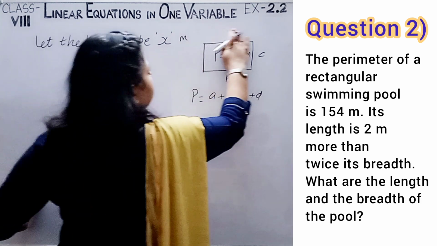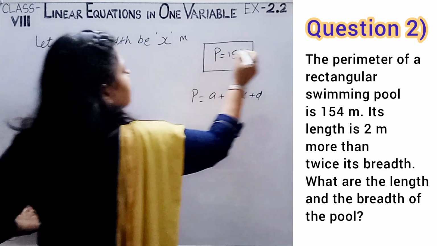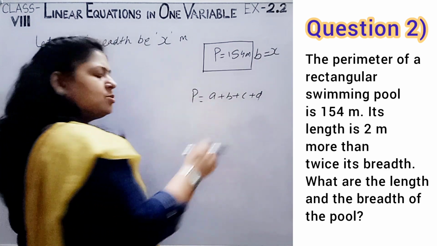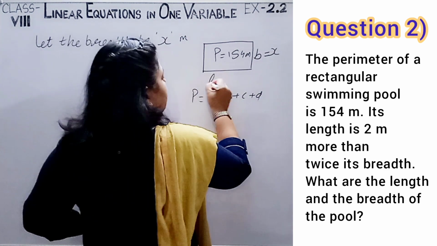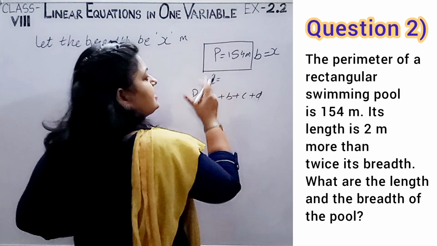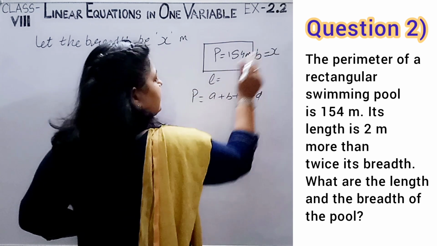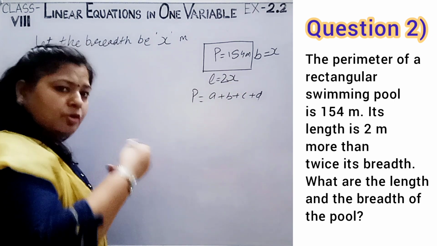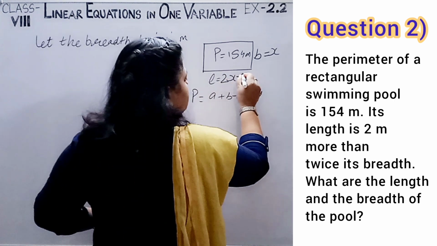So this is our B, breadth, this is x meter, and in this question the length is twice, it means double the breadth. It means 2x, and 2 more means 2 more.